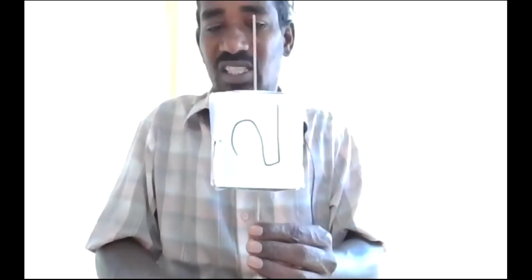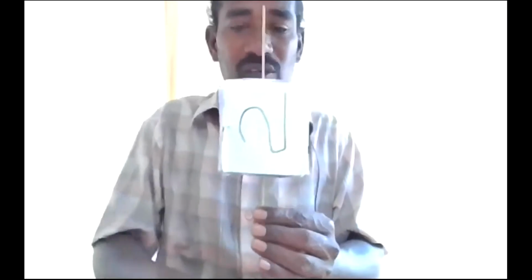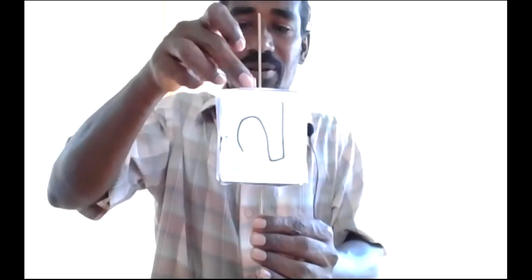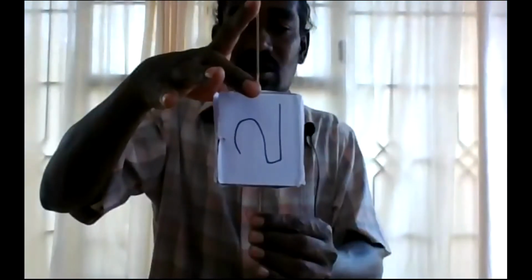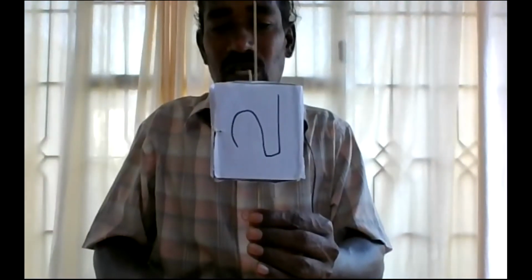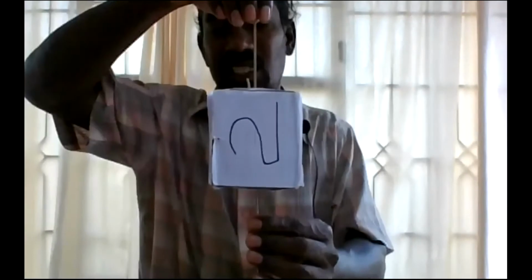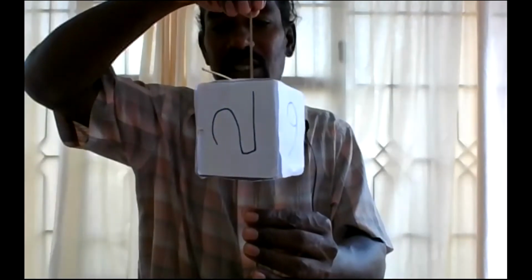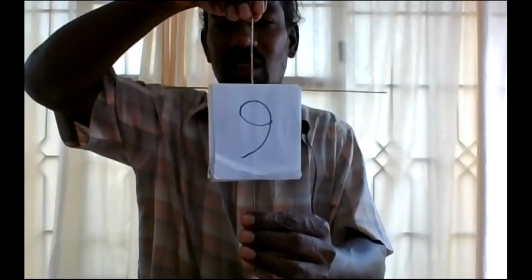Now this is the axis passing through opposite face centers. We will take the initial like this, and now rotate this cube with respect to this axis, 90 degrees.